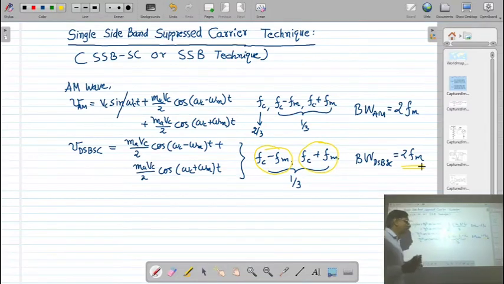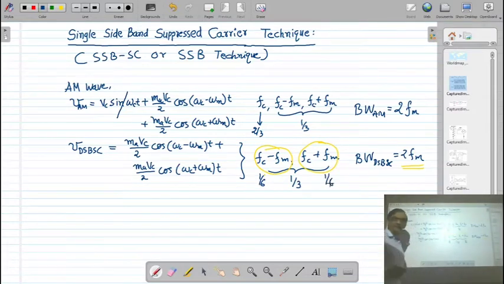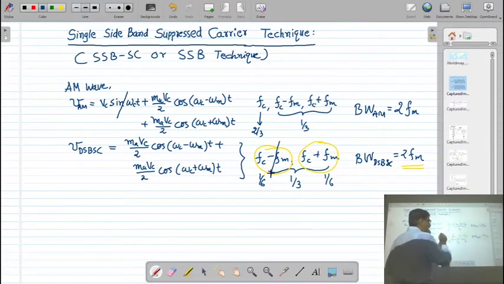Not only that, there will be power saving also, because in this case 1/6 of the power is carried by the lower sideband frequency, and 1/6 of the power is carried by the upper sideband frequency. So if we transmit only one of the sideband frequencies, then we can save one more 1/6 of the power.